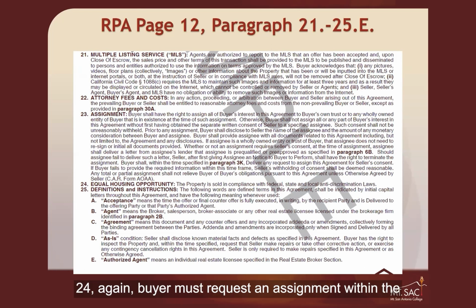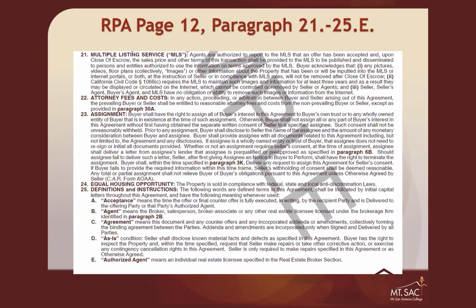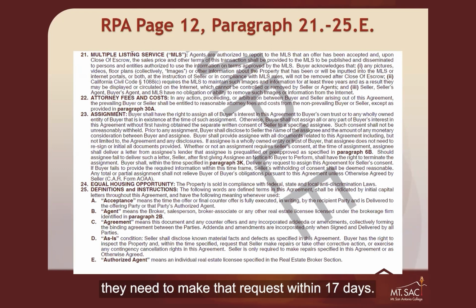Again, the buyer must request an assignment within the first 17 days, unless the assignment is to the buyer's alter ego, their living trust, their LLC, their corporation, which they are the sole owner of. If they're going to give it to a third party, they need to make that request within 17 days.